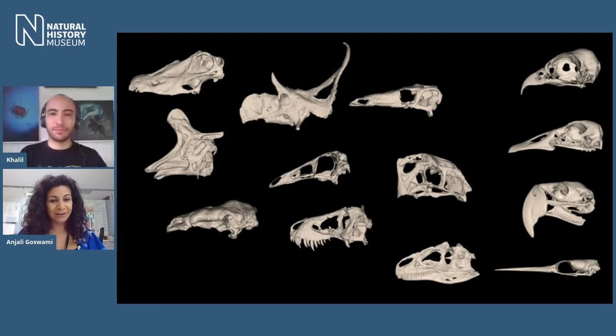What we actually found when we measured all the different shapes and reconstructed using their family tree, where on the family tree do you see fast evolution happening? The fastest evolution is actually not in the birds at all. It's in all the other dinosaurs, especially some of these groups that are further away from birds, things like the big horned dinosaurs.